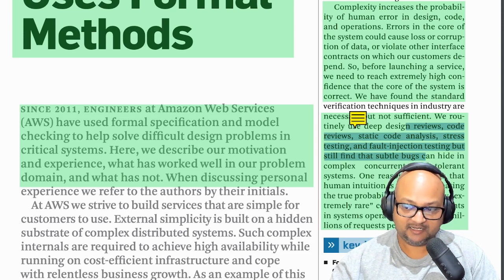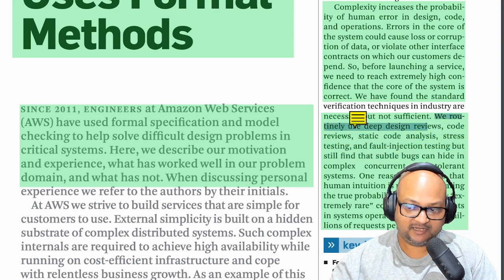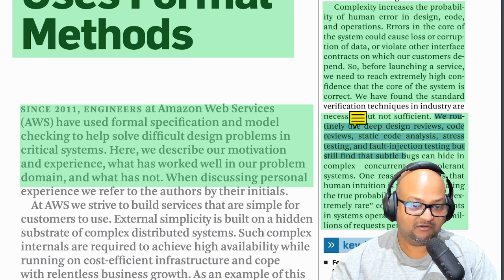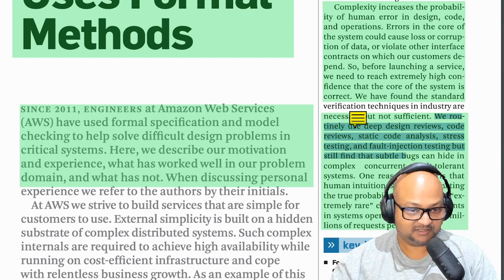The other thing is that the standard array of methods that we use in software engineering, things like design reviews, code reviews, static analysis, fault injection, and so on, that otherwise give us high confidence that a system is functionally correct, are not enough to guarantee that certain properties are met. Like Dijkstra famously said, testing can only show the presence of bugs, but it cannot prove the absence of bugs.